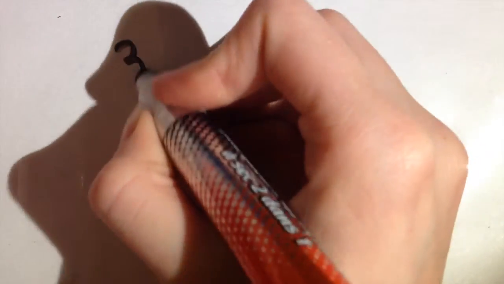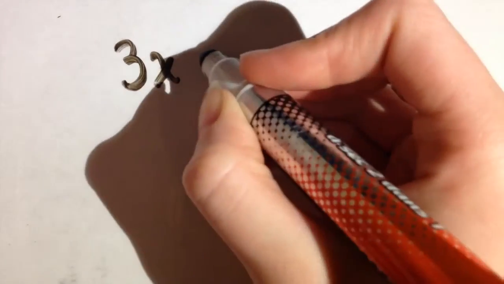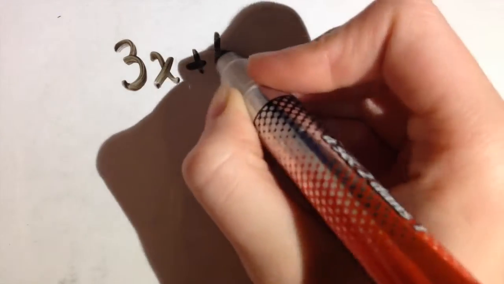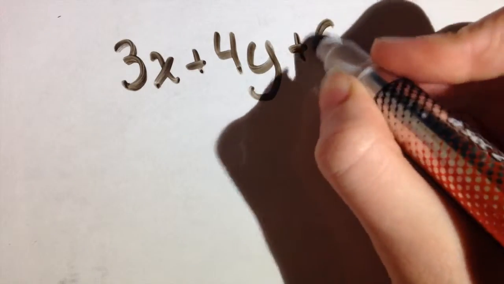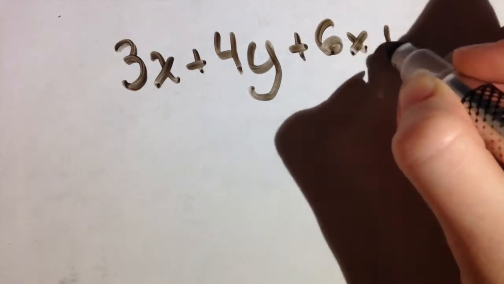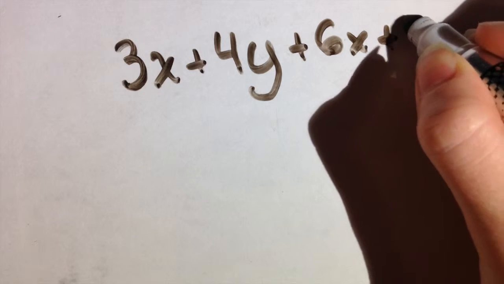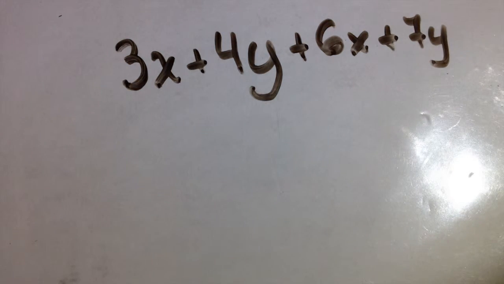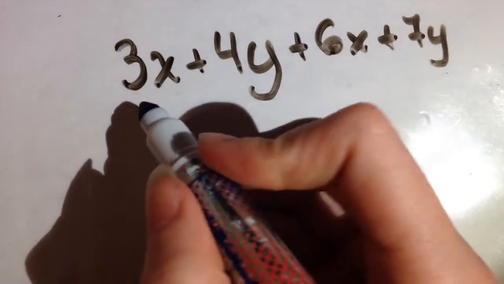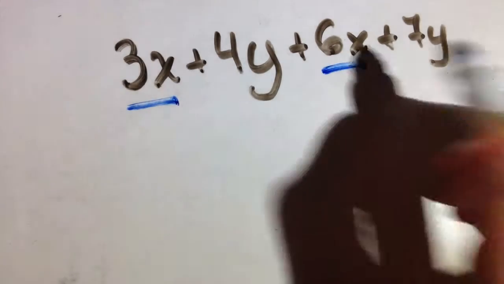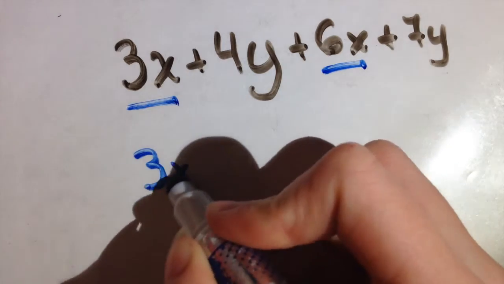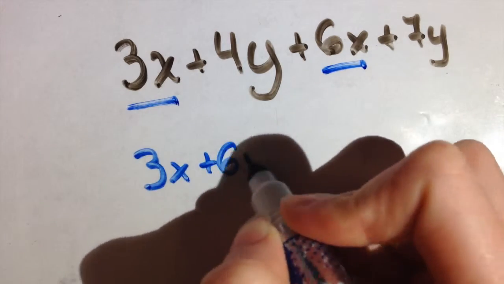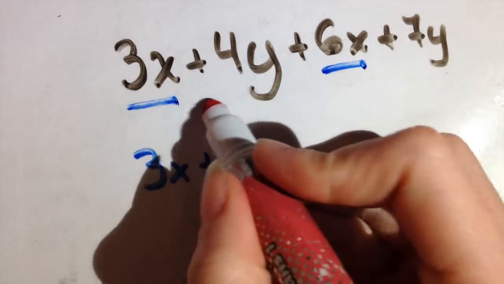So if you were to get an equation that looked like this, just 3x plus 4y plus 6x plus 7y, you would approach it in a different manner. I like to color code my letters and then put them next to each other.